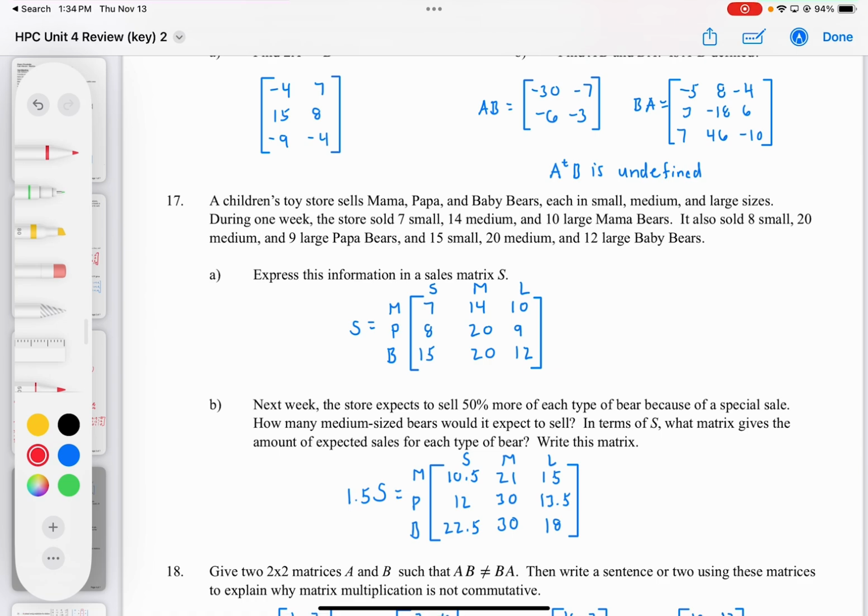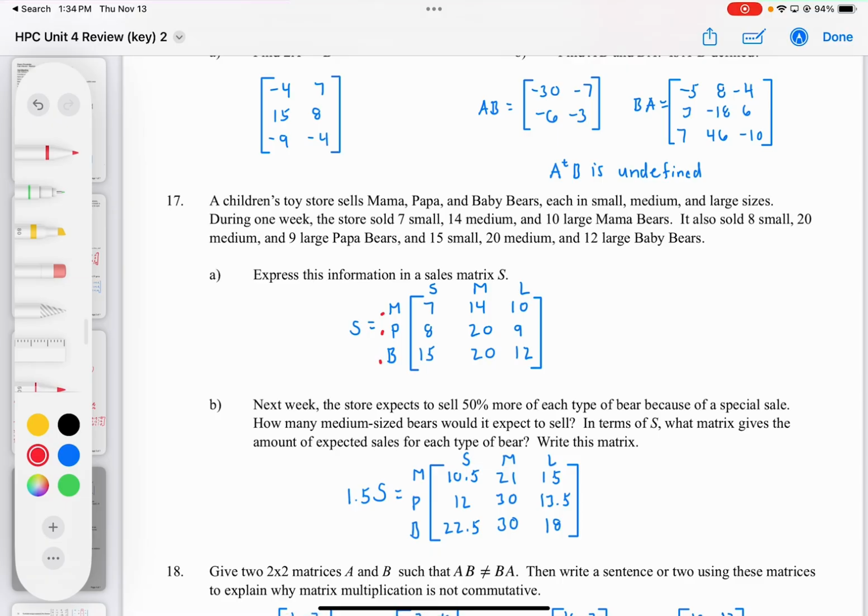All right, so then it says express your information as a matrix S, okay? So what I did was I did the different types of bears, Mama, Papa, Baby, along the left side, and then the sizes along the top side, okay? You could switch that around if you wanted to, but that's how I would do it, okay?